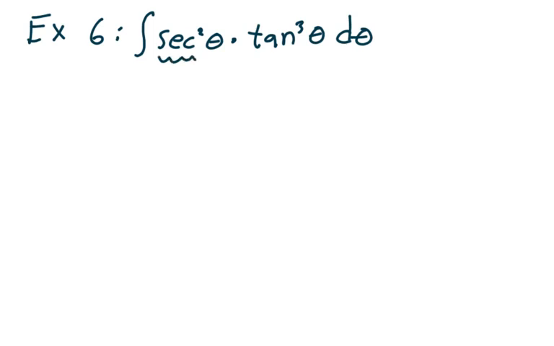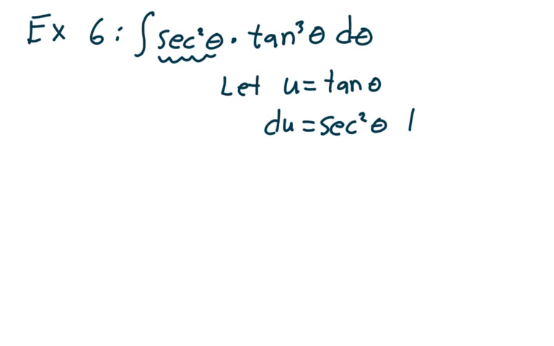I'm looking at this secant squared theta, and I already know that the derivative of tangent theta is secant squared theta. So that makes a pretty good u. So I'm going to let u be tangent theta. Okay? And du is secant squared theta d theta.